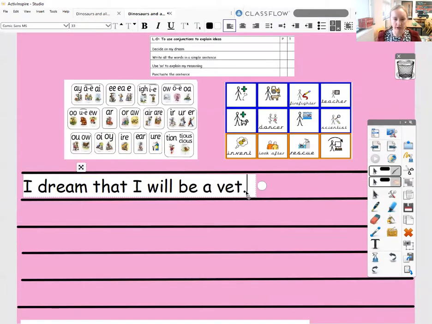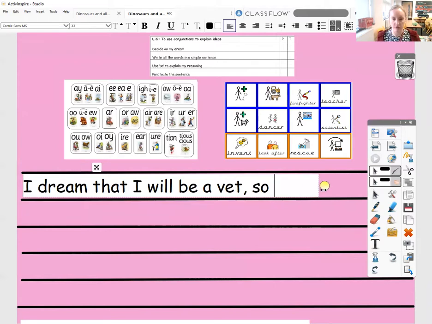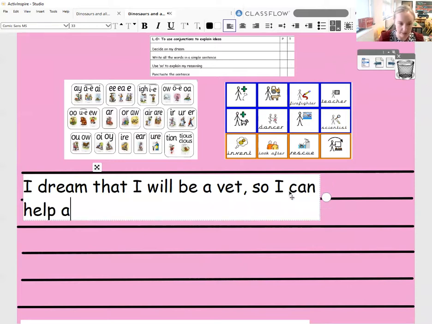What we're going to do now is I'm going to change that full stop to a comma, and I'm going to use the conjunction so. So I've said, I dream that I will be a vet. And now I need to think about why I want to be a vet. So we're going to use so to explain the reasons why I want to be a vet. Well, I'd want to be a vet so that I can help animals. That would be my reason. So I dream that I'll be a vet so I can help animals.